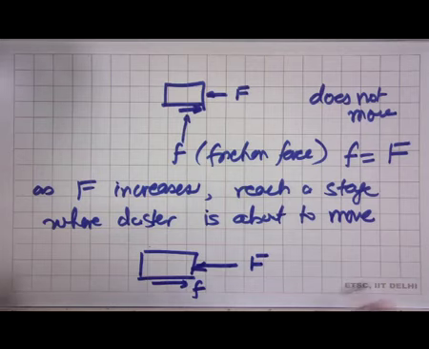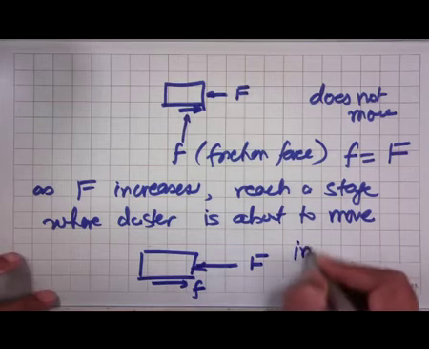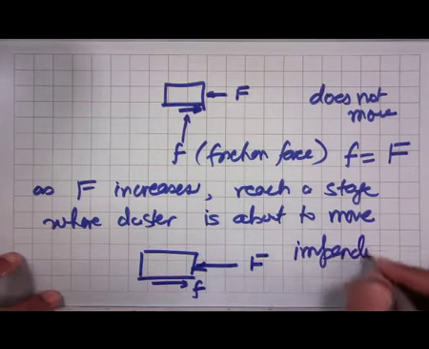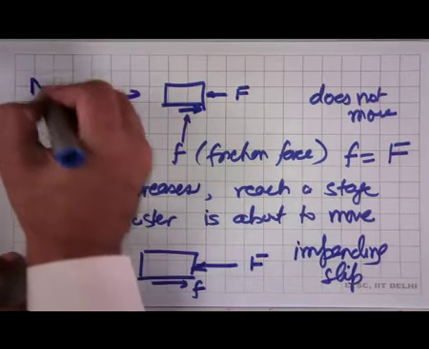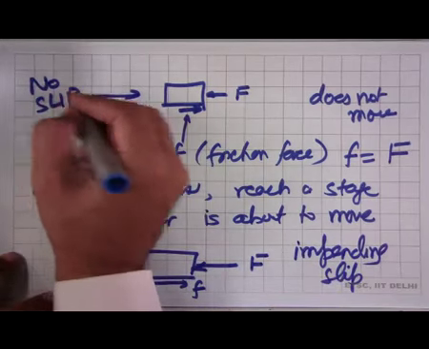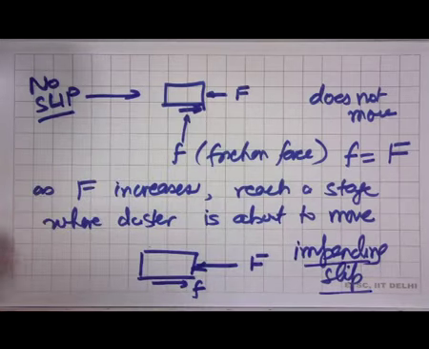Now, at this stage, when it's just about to move, what we have is the state of impending slip. In the earlier case, this was a state of no slip, and then there is impending slip.